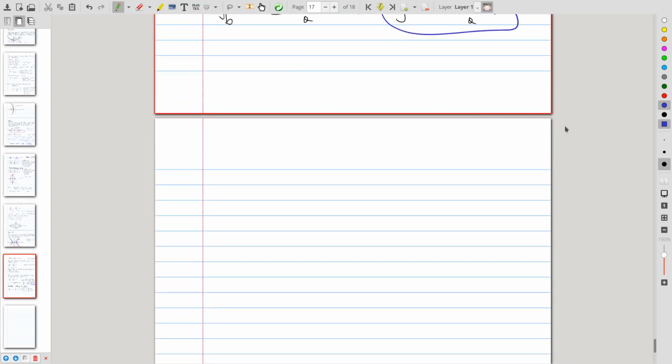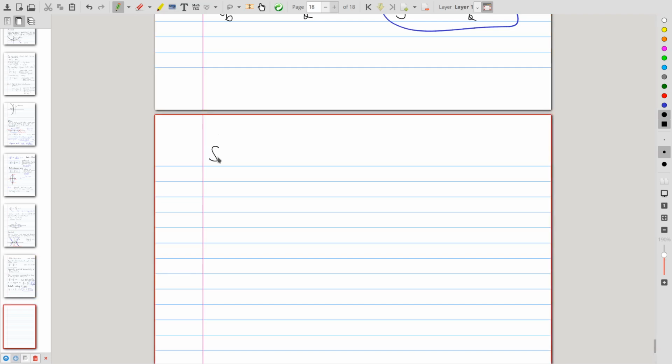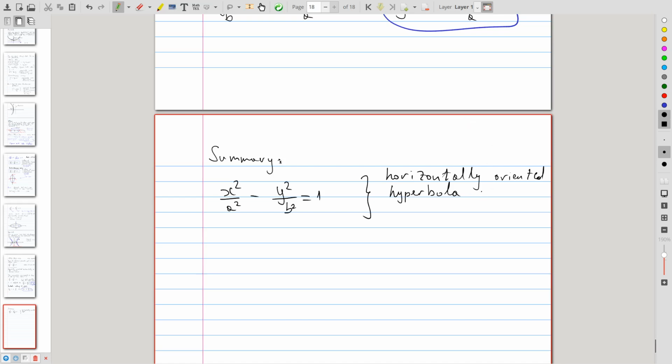I'll just summarize what we have said so far. We're saying that the equation x squared over a squared minus y squared over b squared equals 1 is a horizontally oriented hyperbola with, as we already mentioned, the foci at the points plus minus c, 0 and vertices at plus minus a, 0, where the relation between a, b, and c is the following.